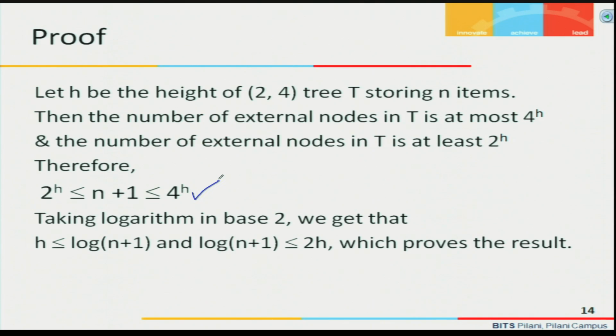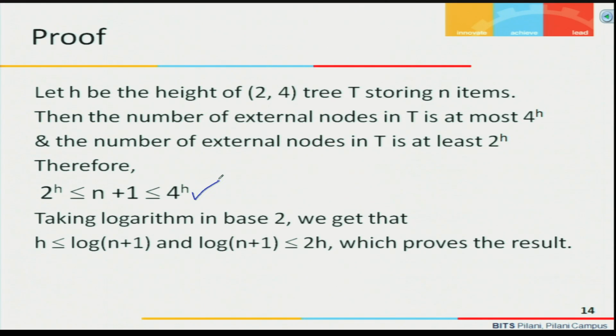Combining all these results, we get this expression. We know that if it has to store n keys, then it should have n plus 1 external nodes. If height is h, we get the connection between h and n: n plus 1 should be at least 2 to the power h and at most 4 to the power h.